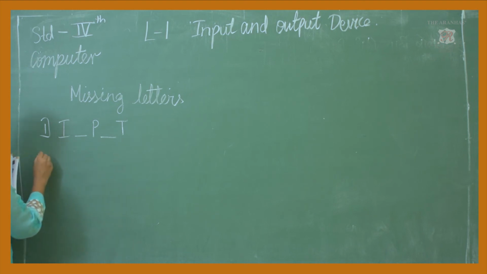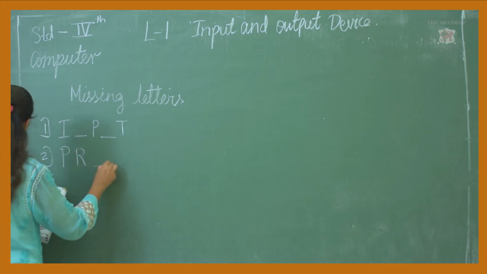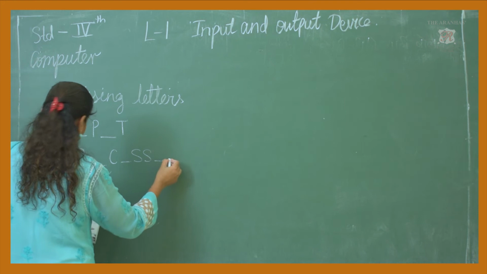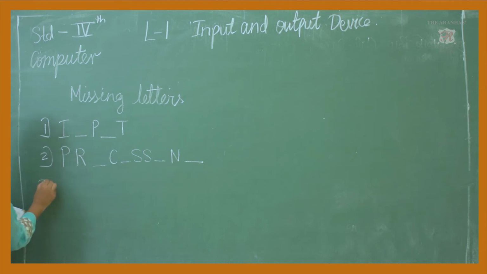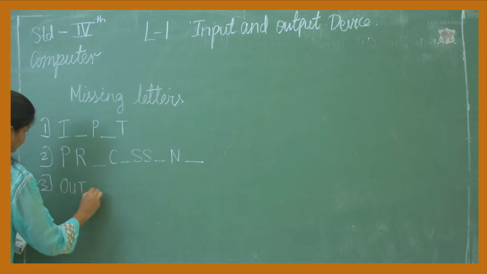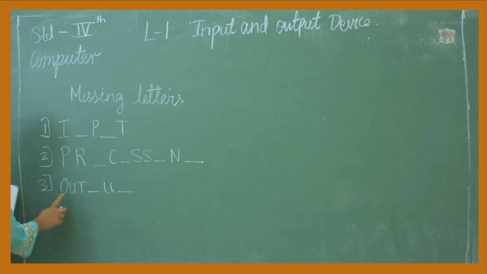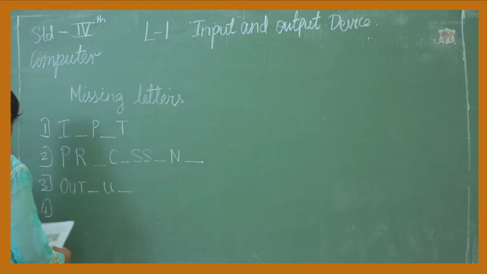INPUT, input. The second word is processing. The third word is output. Input, process, output. You have to write all this in your rough notebook and you can solve it at home.